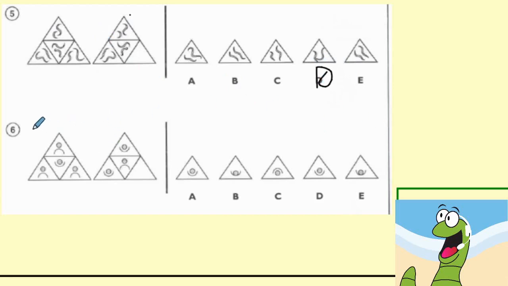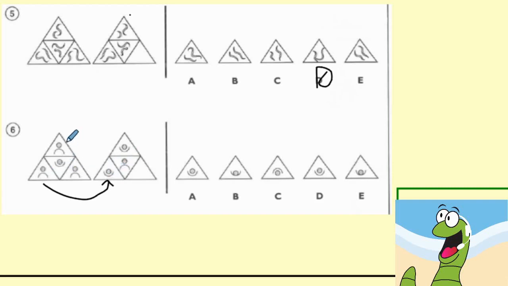Question 6. The curve and the circle. When we look at this and this one here, we see the circle staying in exactly the same place, but the curve has been flipped and rotated 180 degrees.